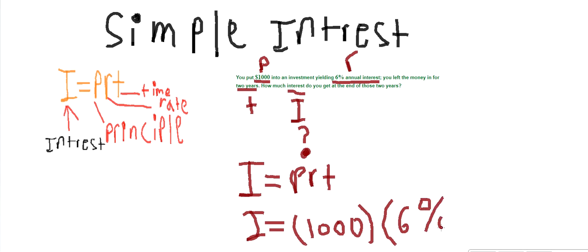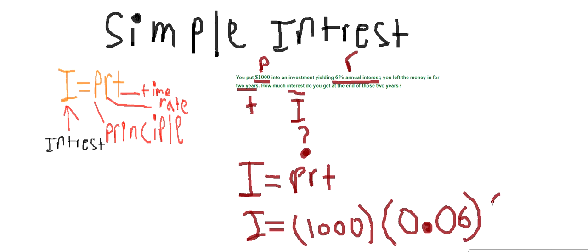Now, before I continue, you don't want to do it like that. You never want to type in 6% or write 6%. It's better if you wrote it as 0.06, because most calculators don't have a percent button.